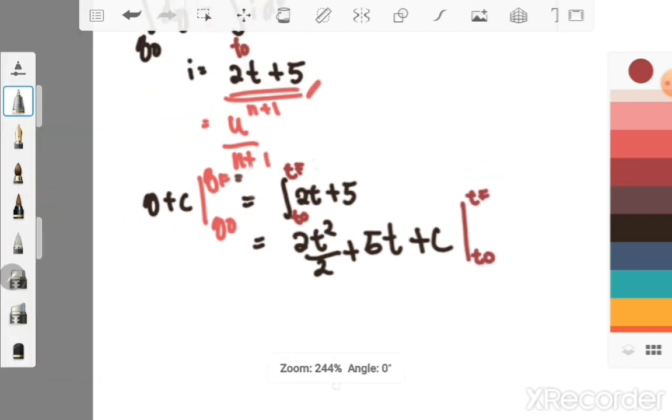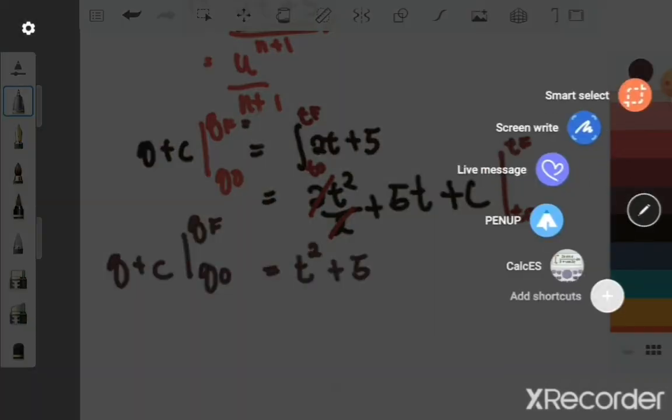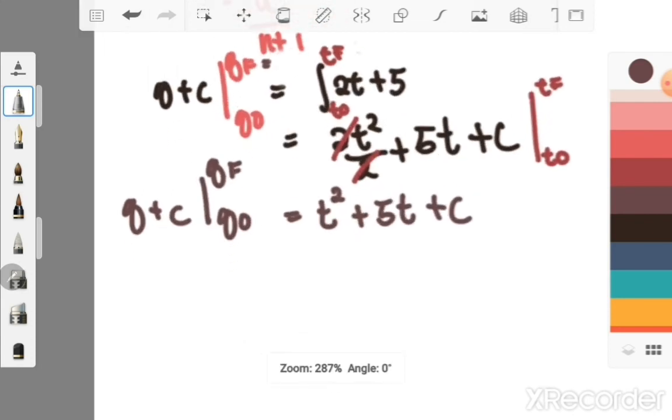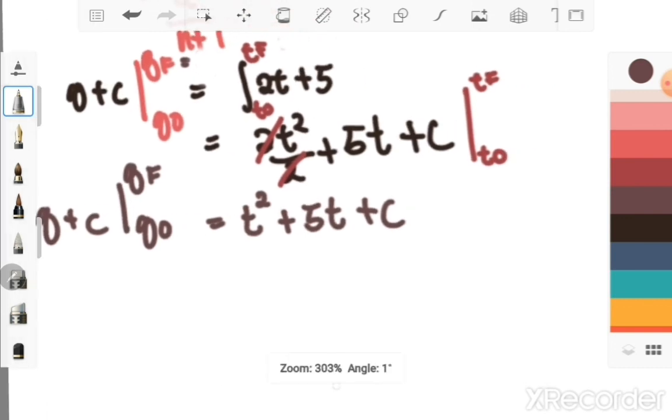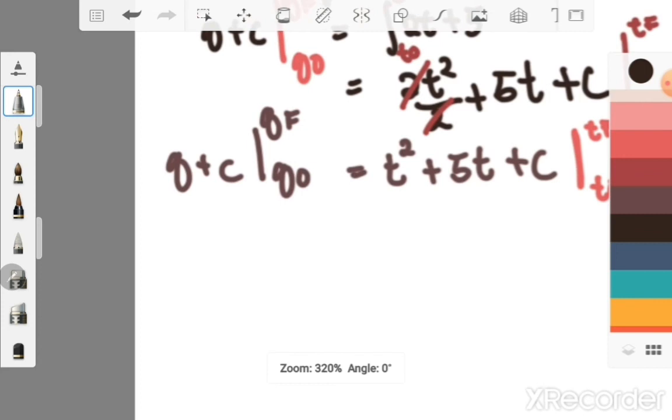Right? So 2 divided by 2 is just equal to 1. Therefore, we will have q plus c from q0 to qf is equal to t squared plus 5t plus c, which means that we have a value from t sub 0 to t sub f. Okay?